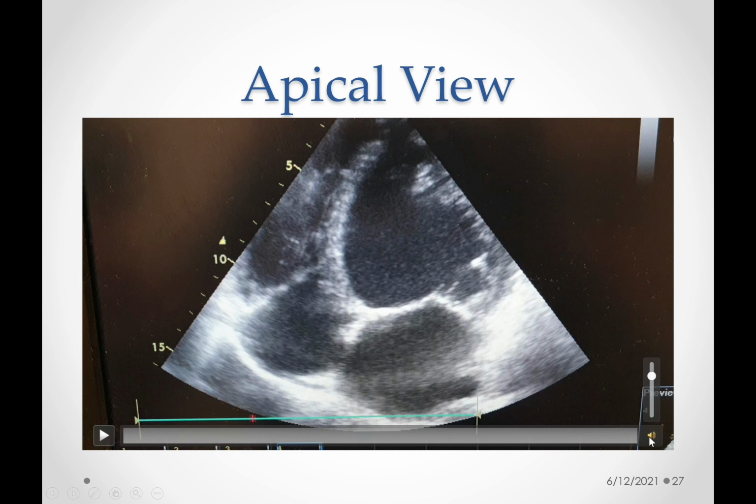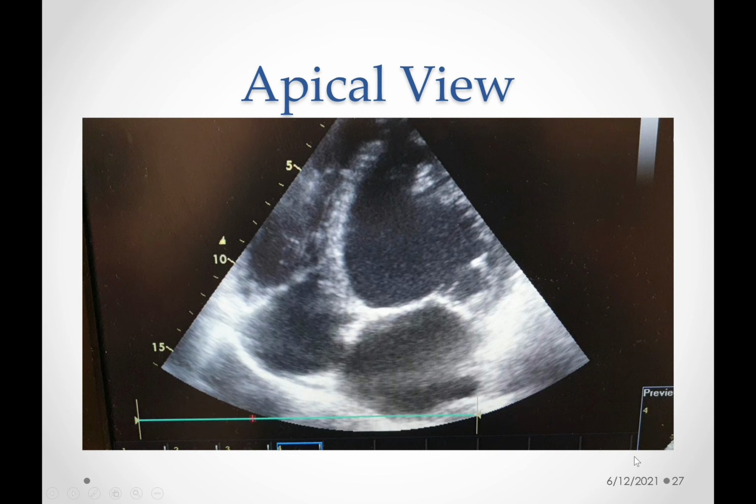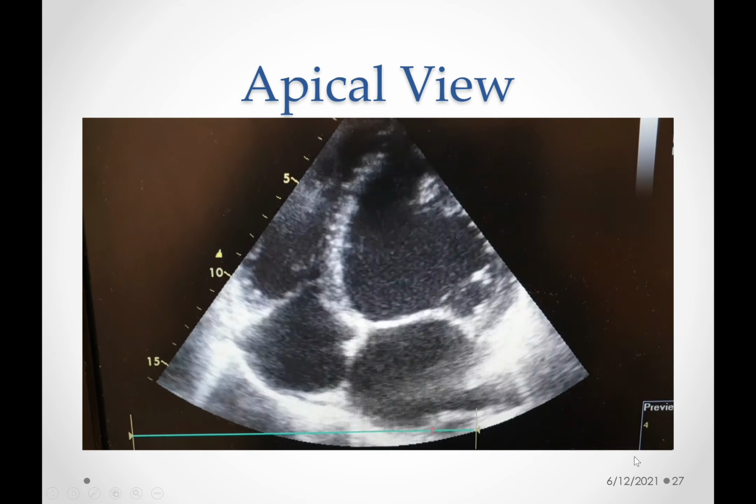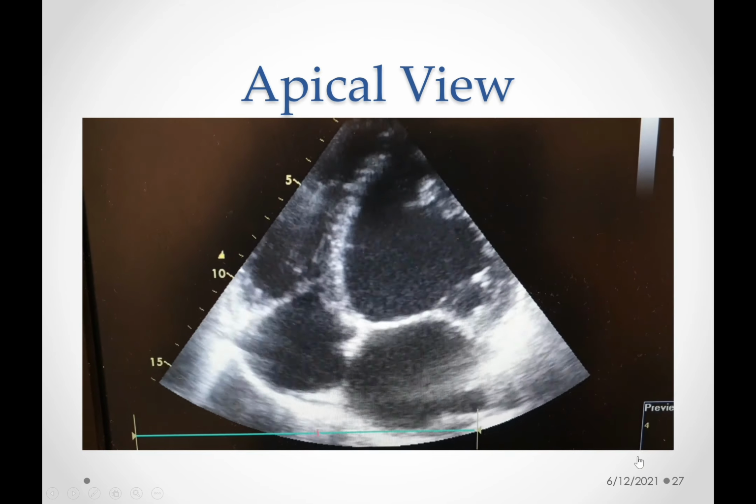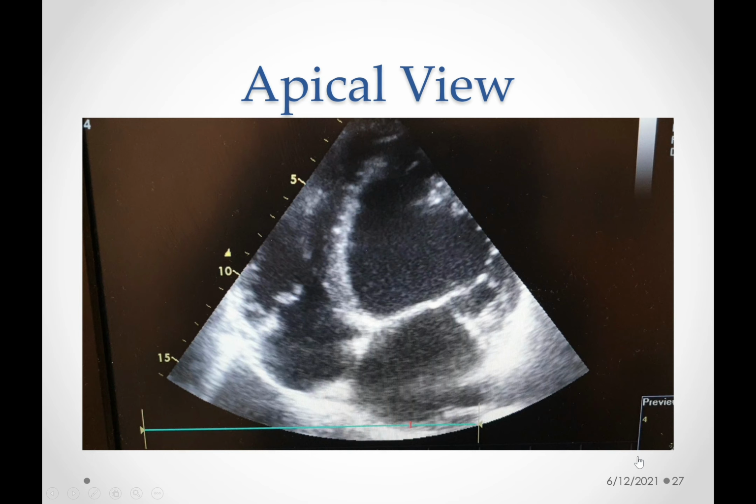Another video of the apical view, and you can see here that the left ventricle on the upper right side of the screen is massive and dilated and almost taking the whole of the screen, and that's of course not normal.